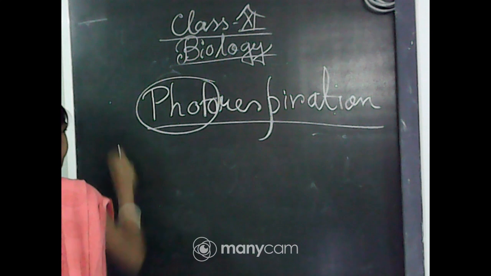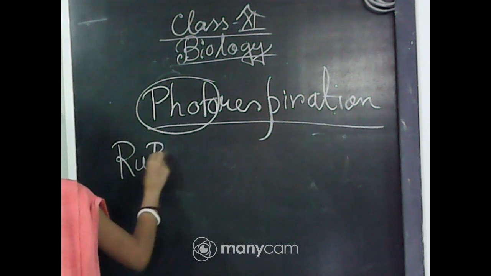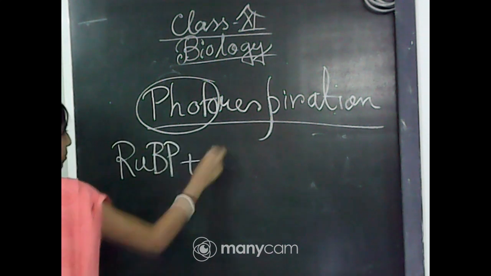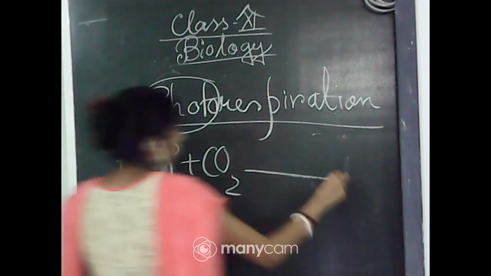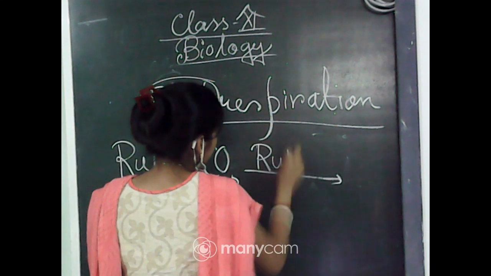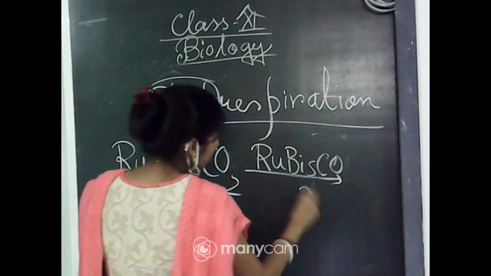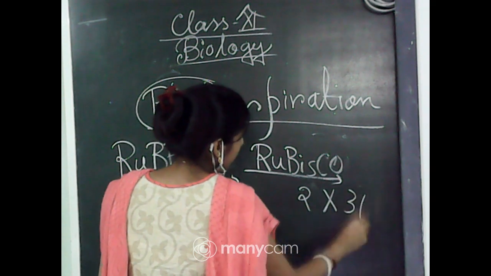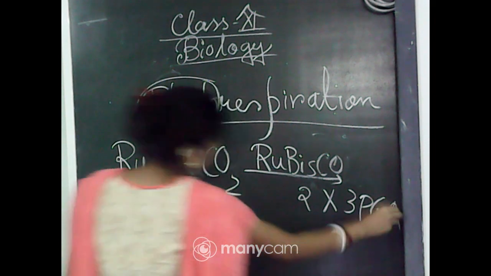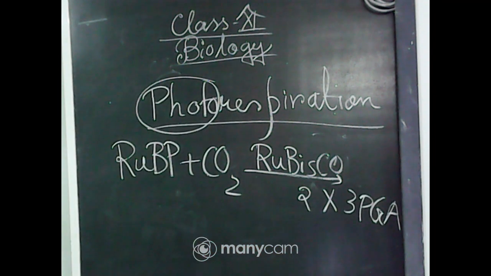So what was the reaction? RuBP plus CO2, with the enzyme Rubisco, and what we get is two molecules of 3-PGA. That was the first step of the Calvin cycle, that is fixation of carbon dioxide.